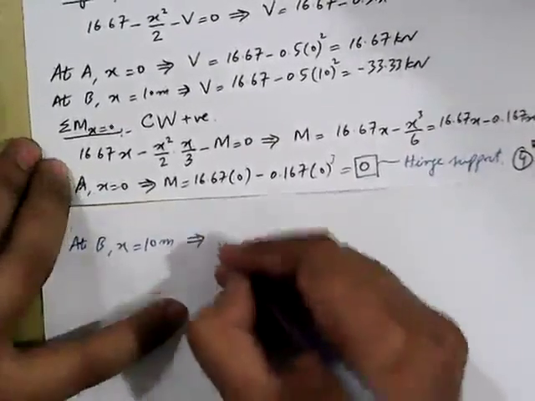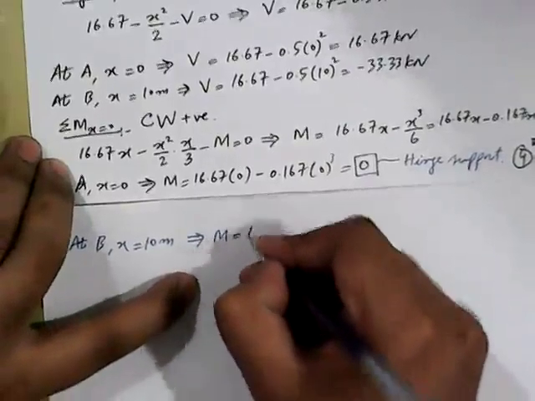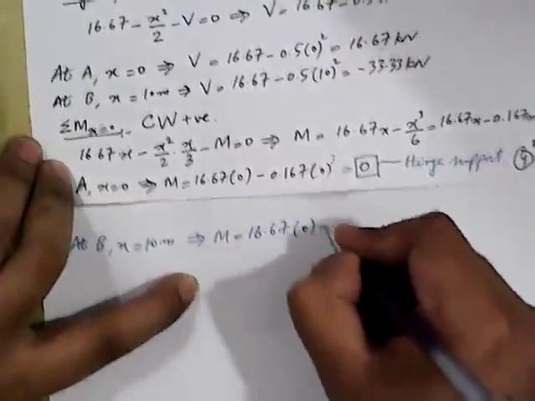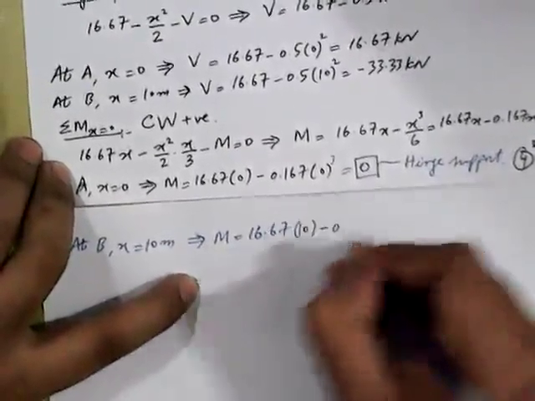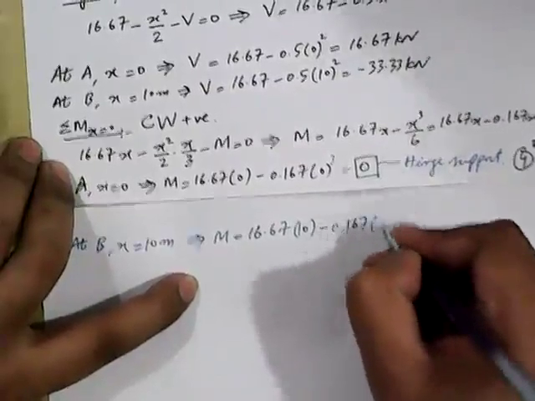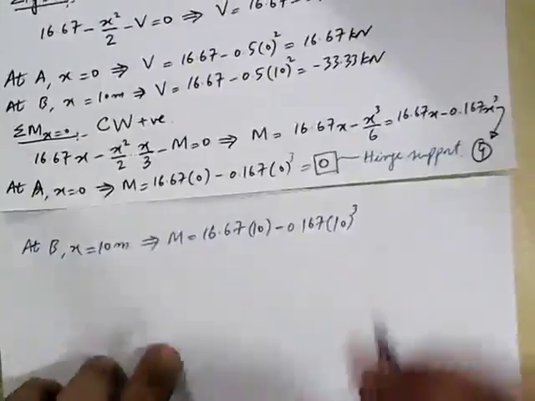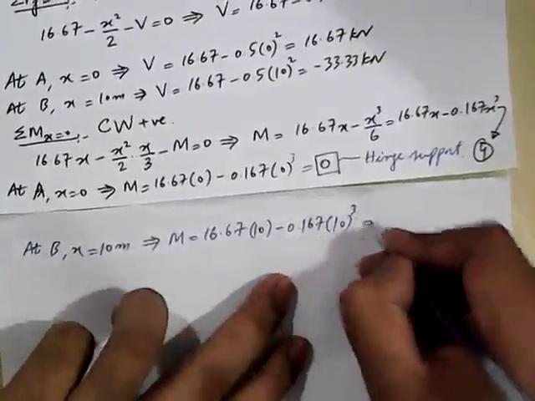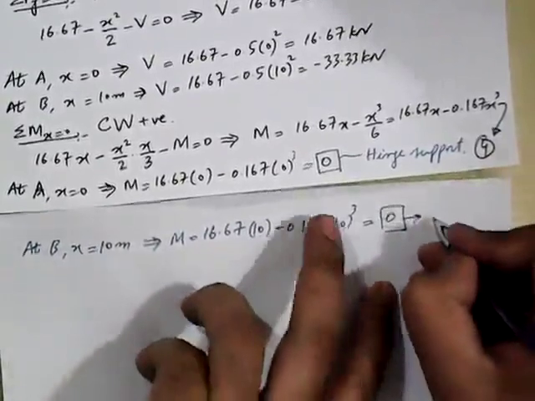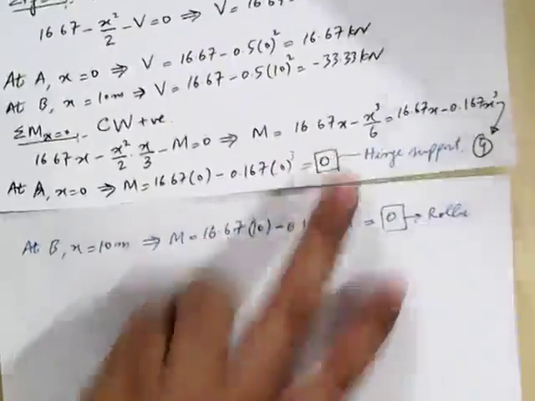So this implies M will be equal to 16.67 into 10 minus 0.167 into 10 cube. And if you solve this, you will again get 0, and this 0 is logical because we have a roller support at this point.